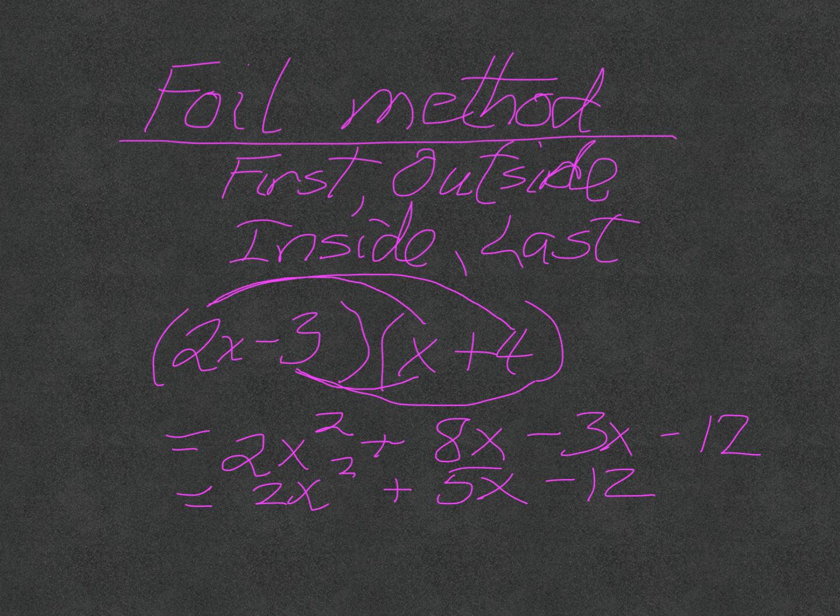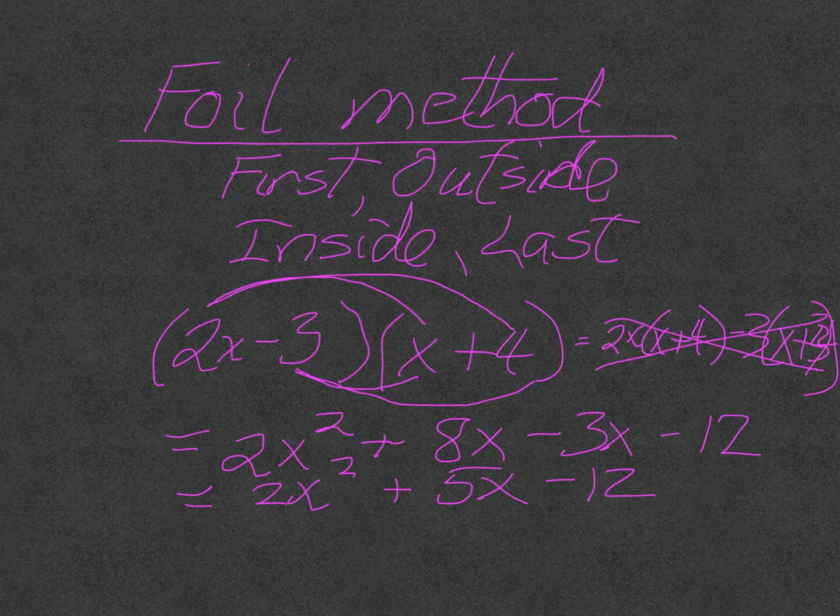It really skips the step where we go 2x times x plus 4 minus 3 times x plus 4. It skips that particular step, allowing us to do the multiplications more efficiently. So this is an efficient way to do multiplication.